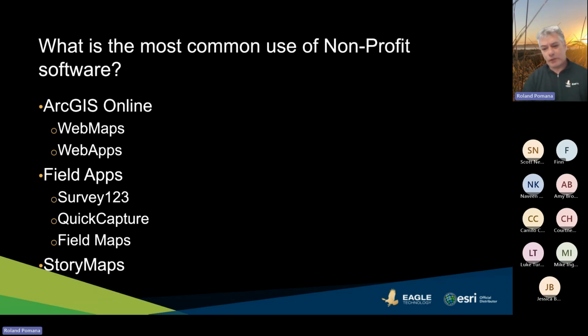So using software as a service, taking advantage of web maps and web apps, and a big push around field mobility and taking advantage of things like Survey123, QuickCapture and Field Maps, especially in the conservation space. So with mobilizing people out in the field and being able to do that through the non-profit program.